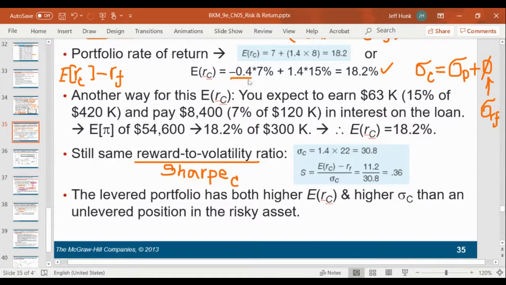Because there was negative 0.4 in risk-free assets and 1.4 in risky assets, right?